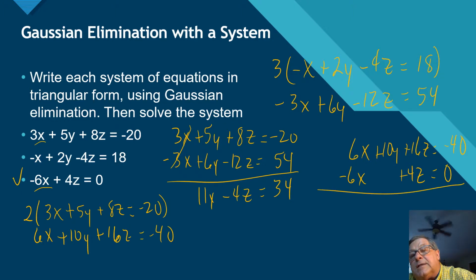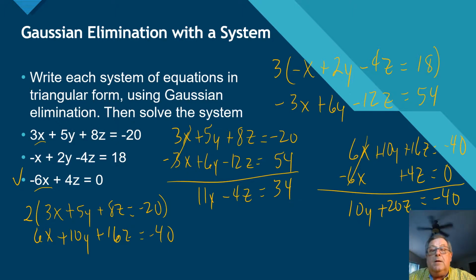Again, 6x and negative 6x cancel. And so now I've got 10y plus 20z equals negative 40. So I've now got two equations in two variables.